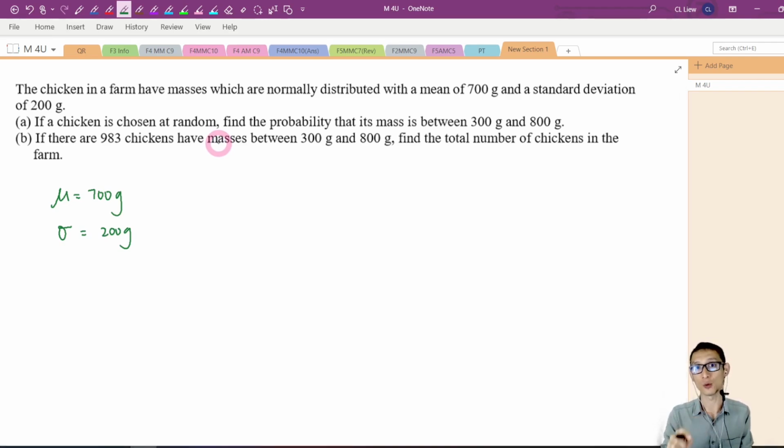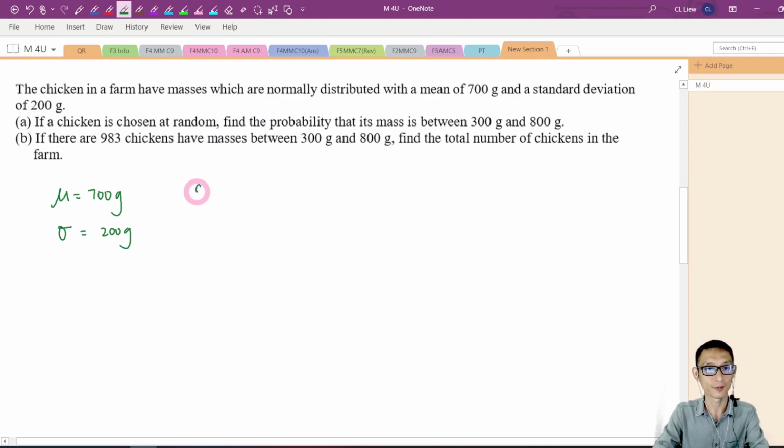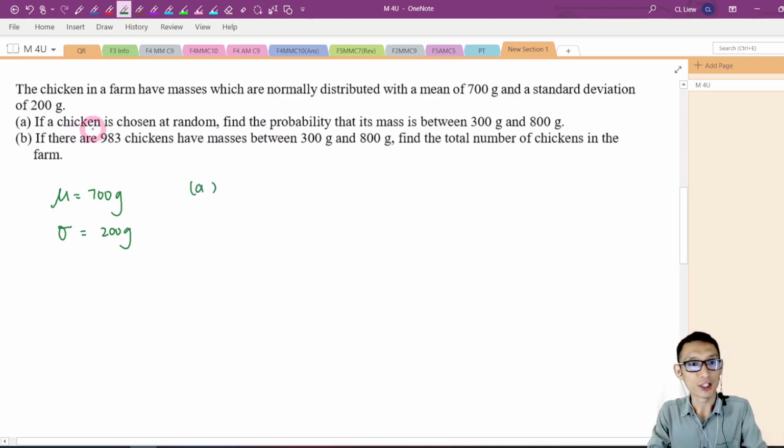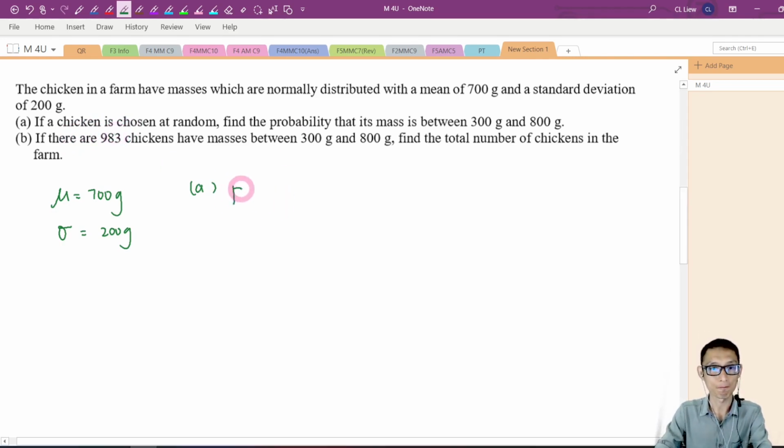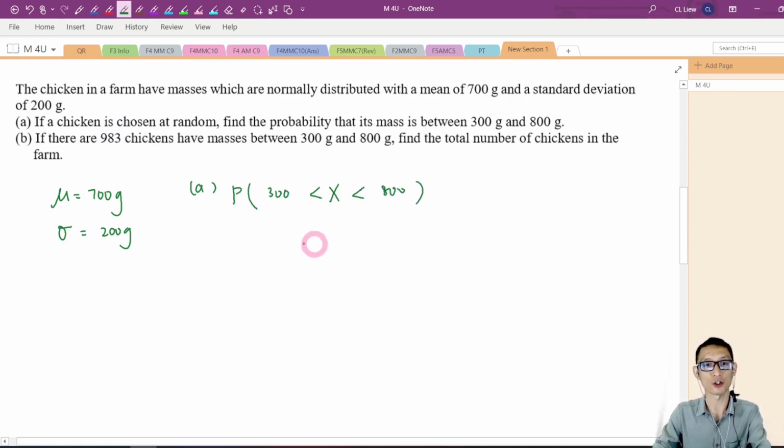Z value is equal to x minus mean divided by standard deviation to help get the probability for this normal distribution. If a chicken is chosen at random, find the probability that its mass is between 300 gram and 800 gram.